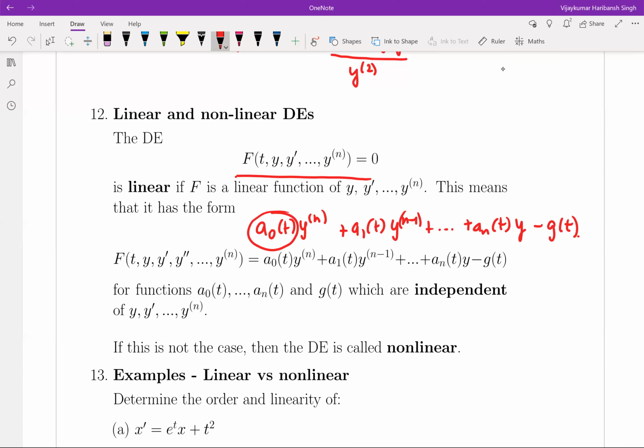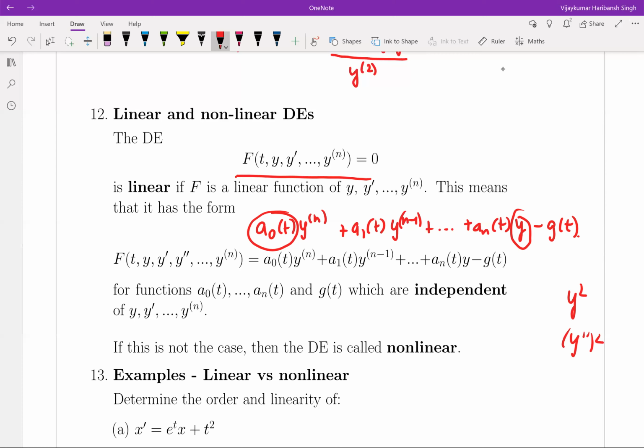Now the idea is that neither y nor the derivatives of y have a power more than 1. For example, you don't have y squared there. If there is a y squared, or a y double prime squared inside, then it will be nonlinear.